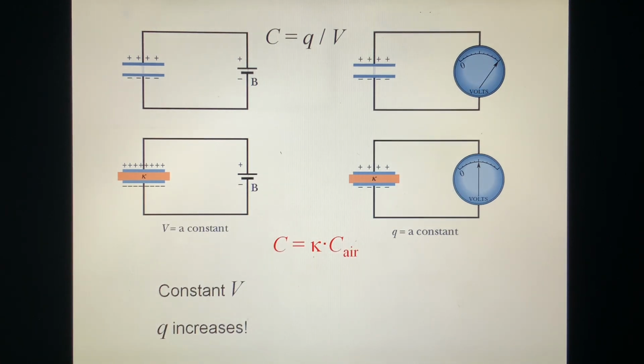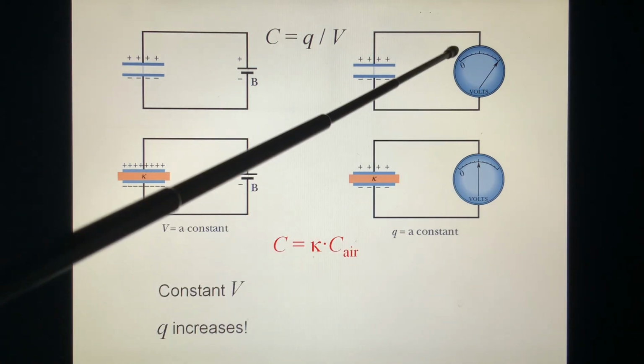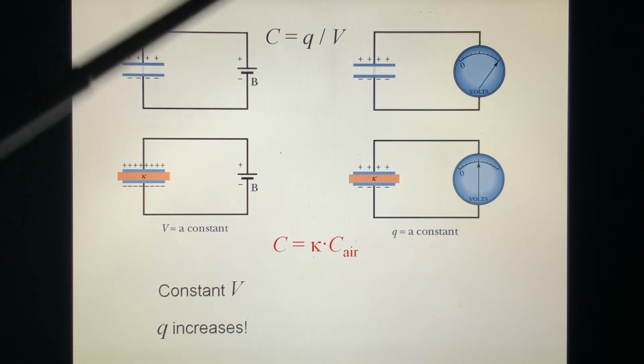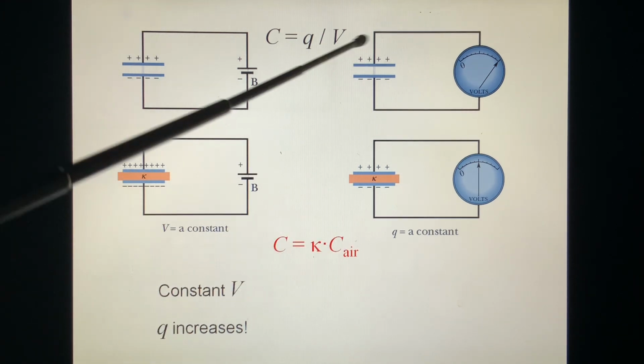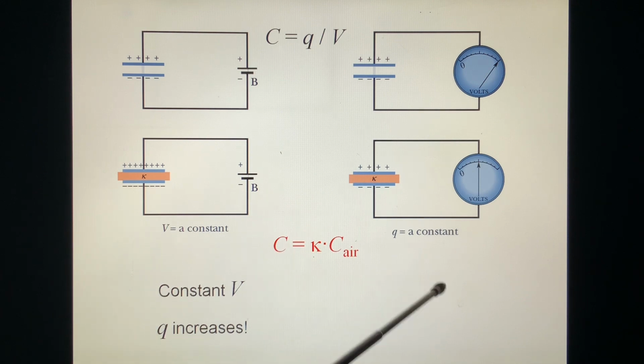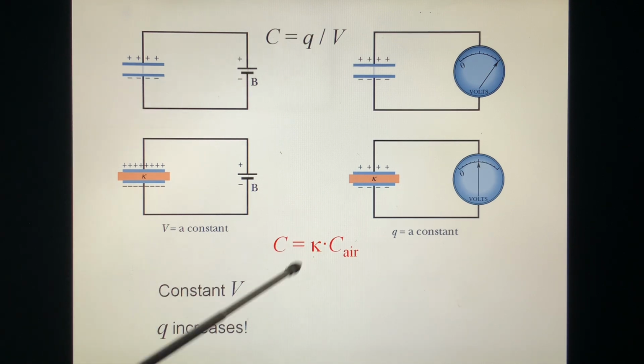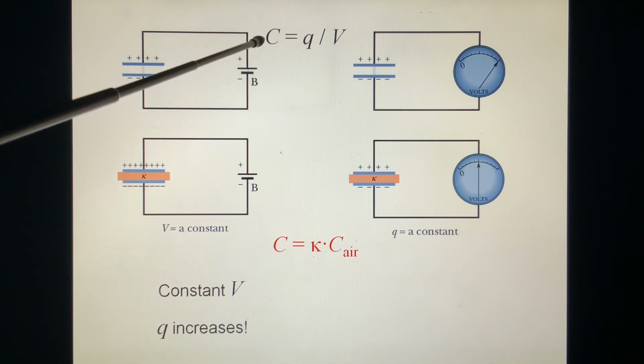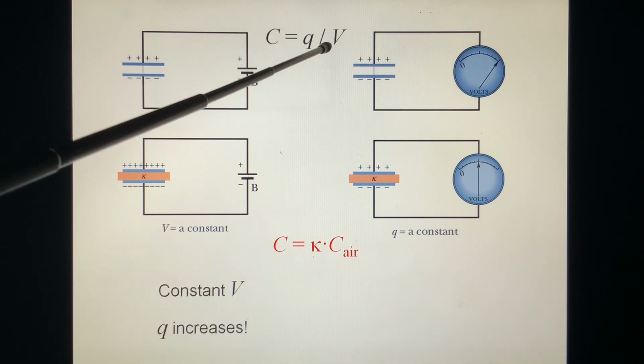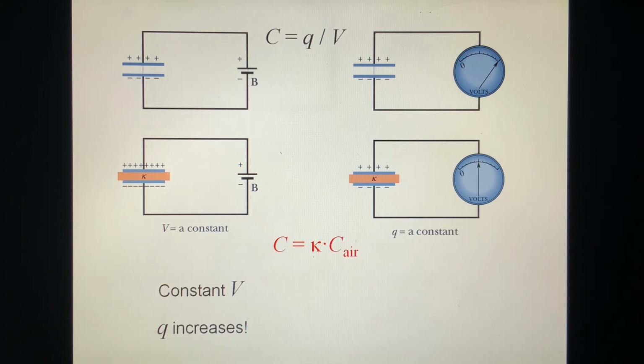Why? Because in this case, the charge Q does not change. But C changes by the fact, so C increases, V must decrease. Constant Q, so V decreases. Different conditions, we have a different result. That's physics.